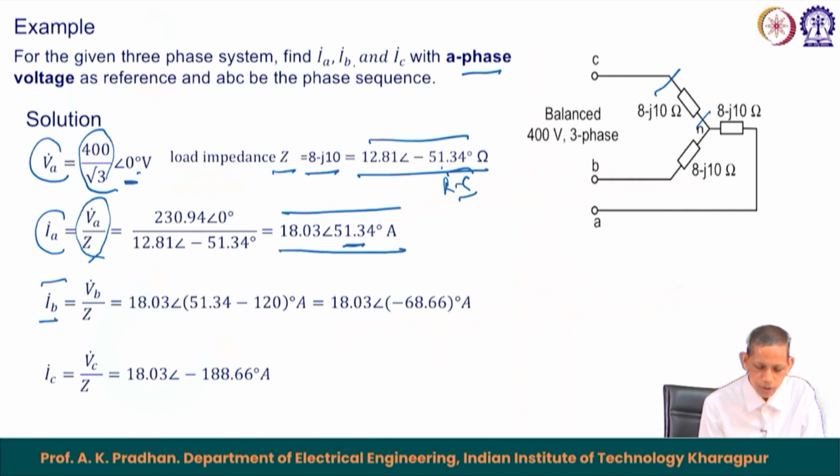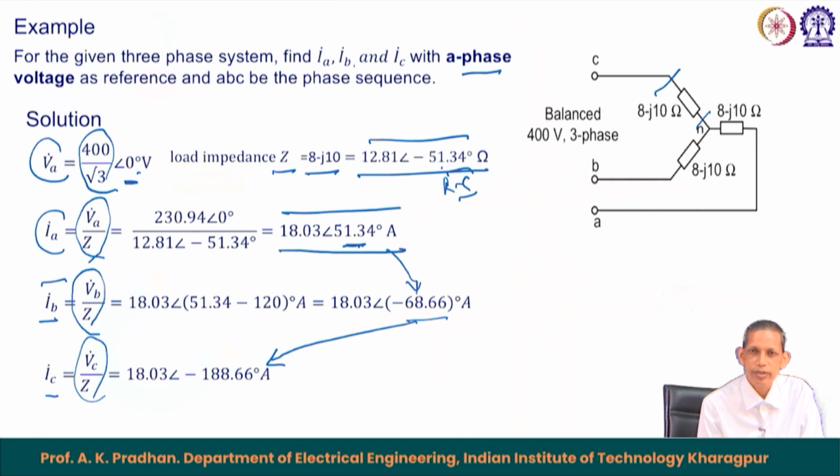IB then lags by 120 degree, so 51.34 minus 120 gives you minus 68.66, and then IC lags by a further 120 degree. You can also find these by the VB by Z or VC by Z formula. So, these are the three currents IA, IB, IC for the capacitive load in this case.